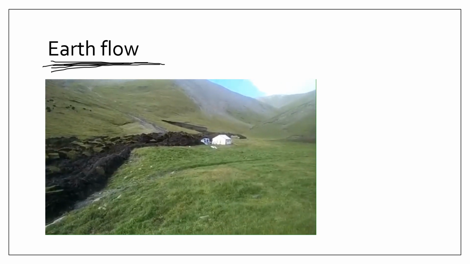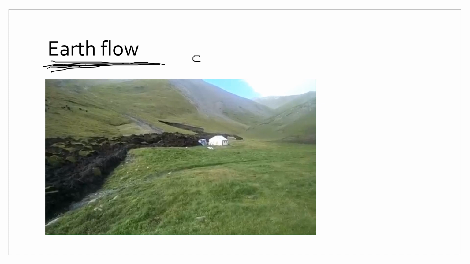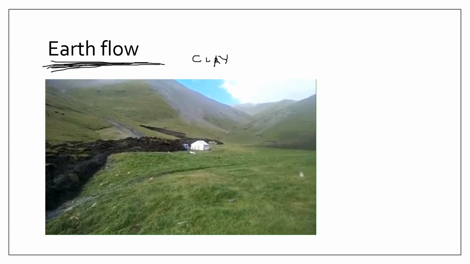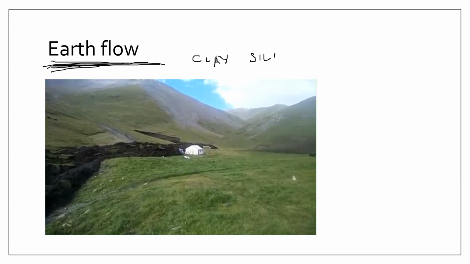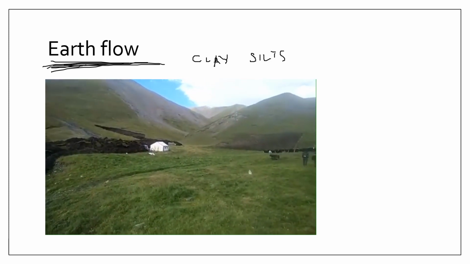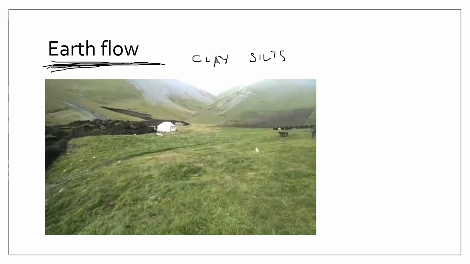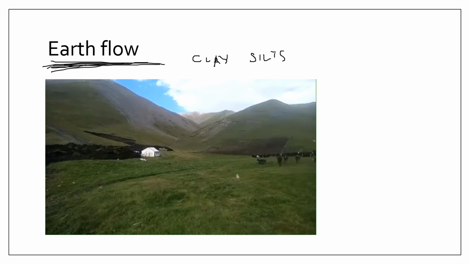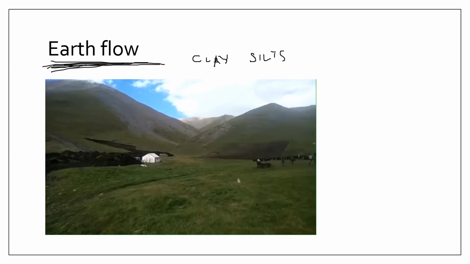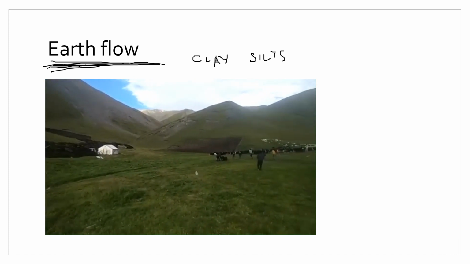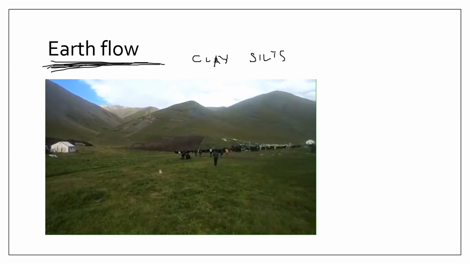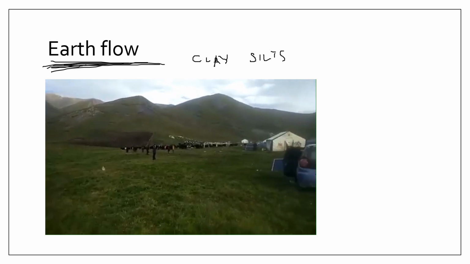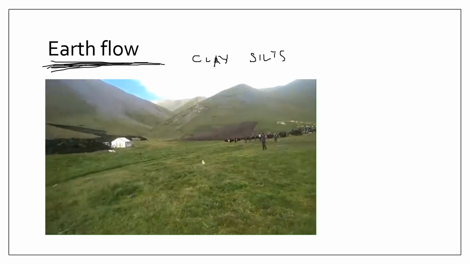So the main constituents in earth flows are clays and silts. And normally your soils here are not yet fully saturated. Okay? They are still within their plastic limits. So they're not fully saturated. So they're still partly dry.